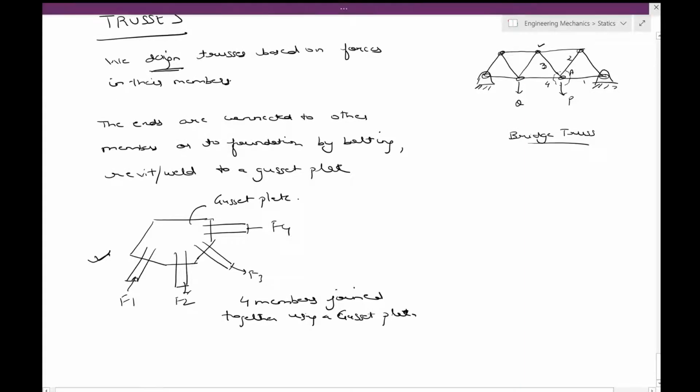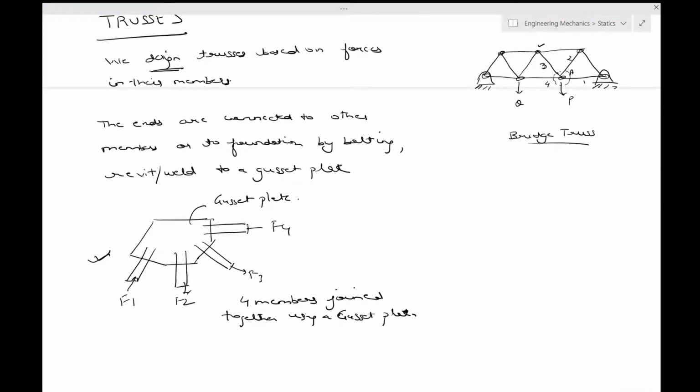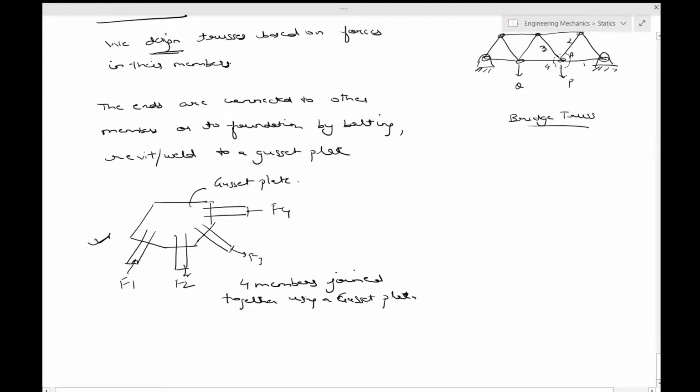Now the reason we model the forces, the reaction so called of this constraint, what is the constraint? The gusset plate over here, only as forces, is because of this.